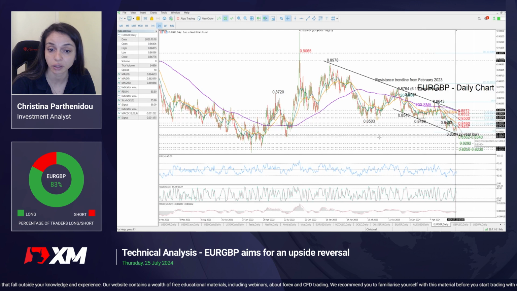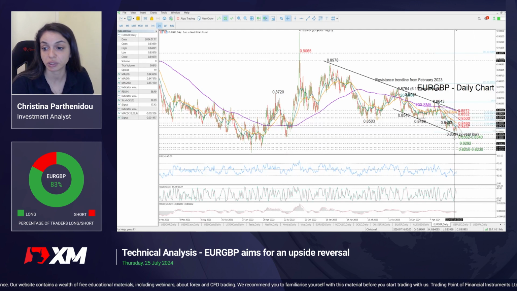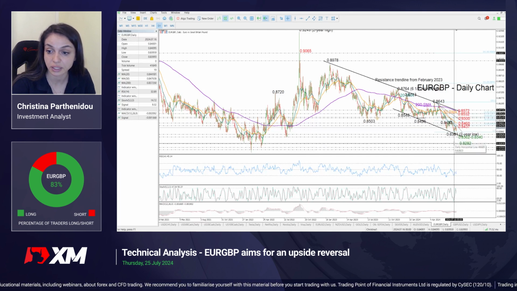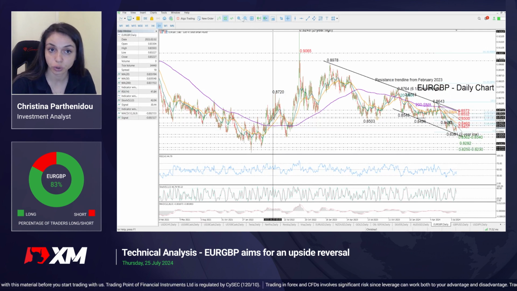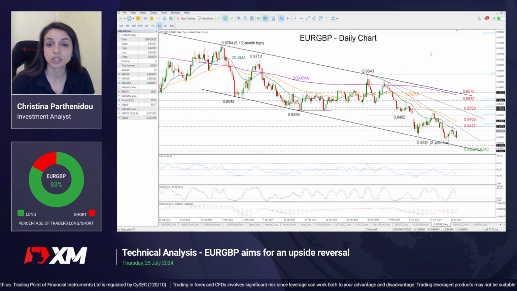Actually, the 0.8340 is the low from July 2022, so that could be another key territory to watch before the pair experiences a sharp decline down to 0.8282. This has been a key supportive territory as well back in 2022.